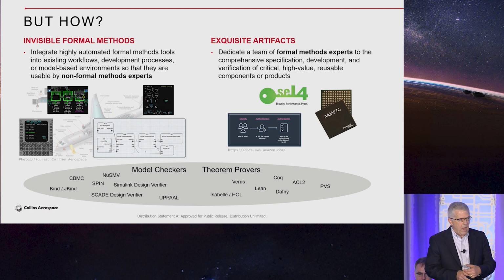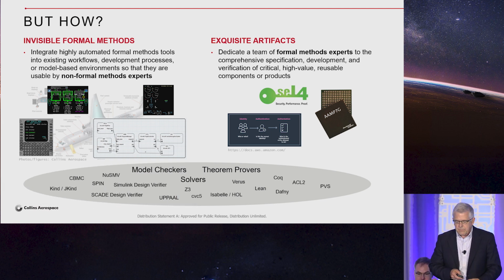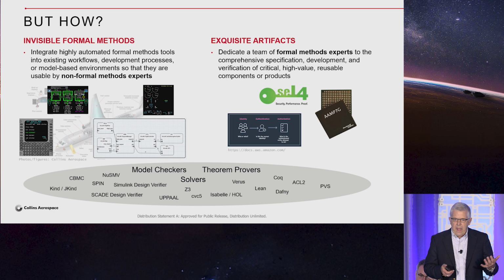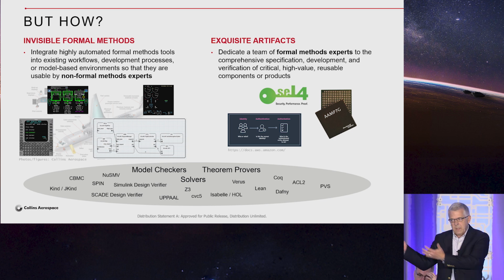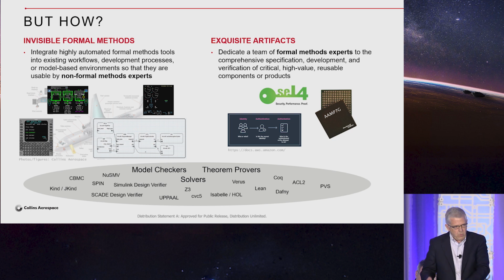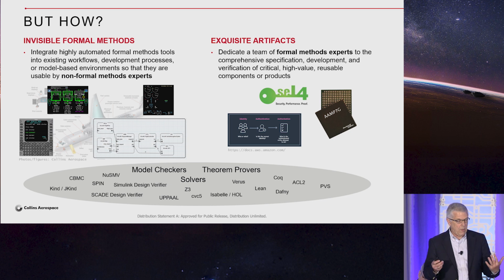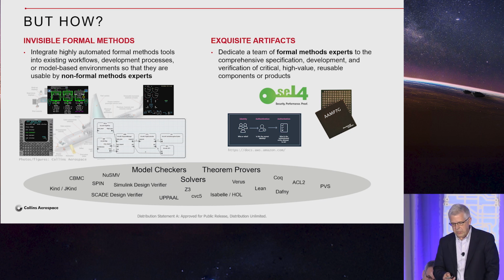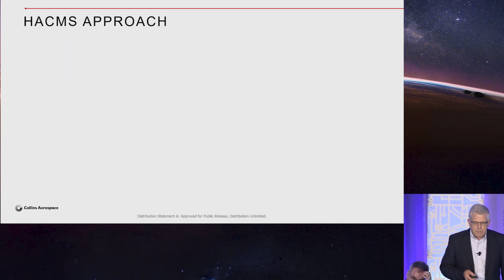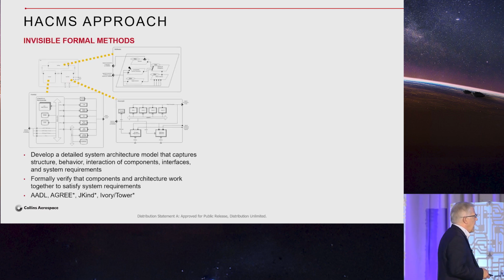The high level of automation typically is model checkers, but more and more both of these rely on sophisticated solvers, and we have model checkers that can emit proofs of what they have found, and we have theorem provers that rely on the same solvers that model checkers do. So there's less and less separation between these two, but the key is that there's a lot of automation that we can leverage nowadays. So what did this look like in HACMS?